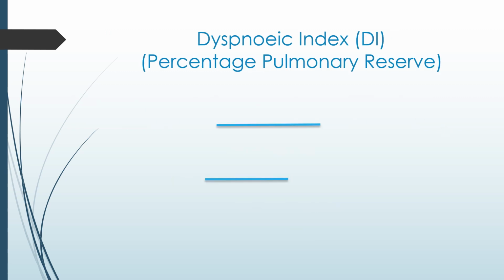The dyspneic index, or you can say the percentage of the pulmonary reserve. In the last slide we saw the pulmonary reserve. This pulmonary reserve is usually expressed as a percentage of maximum ventilation volume and is also known as percentage pulmonary reserve or the dyspneic index.